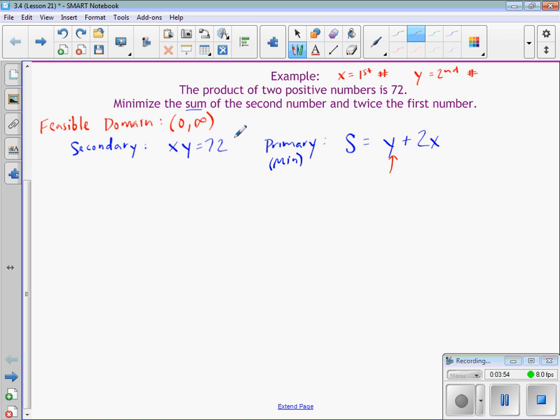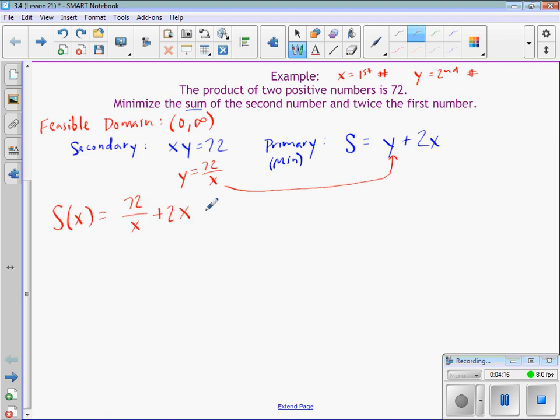So I know x times y is 72, so I know y is 72 over x. And then we're going to go ahead and plug that into the primary equation. So you always want to use your secondary to plug into there. So now don't I have my sum just in terms of x? And it's 72 over x plus 2x.